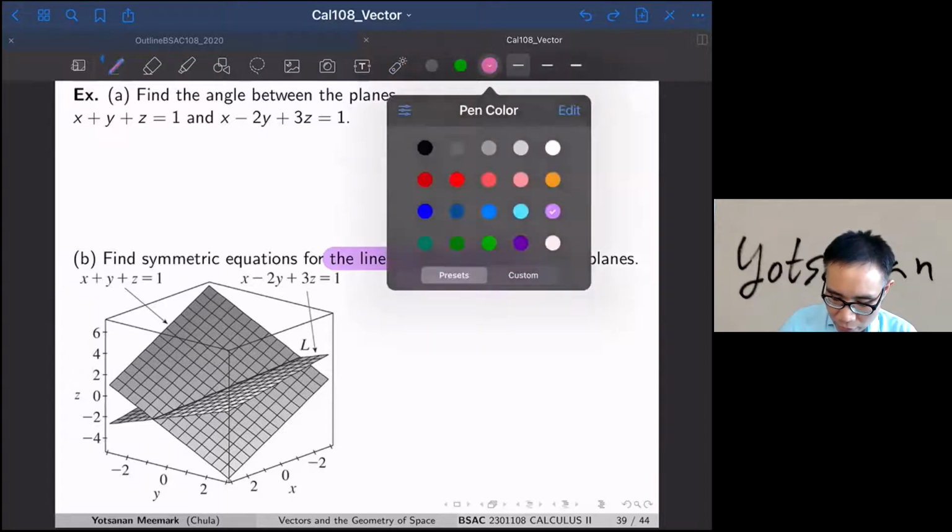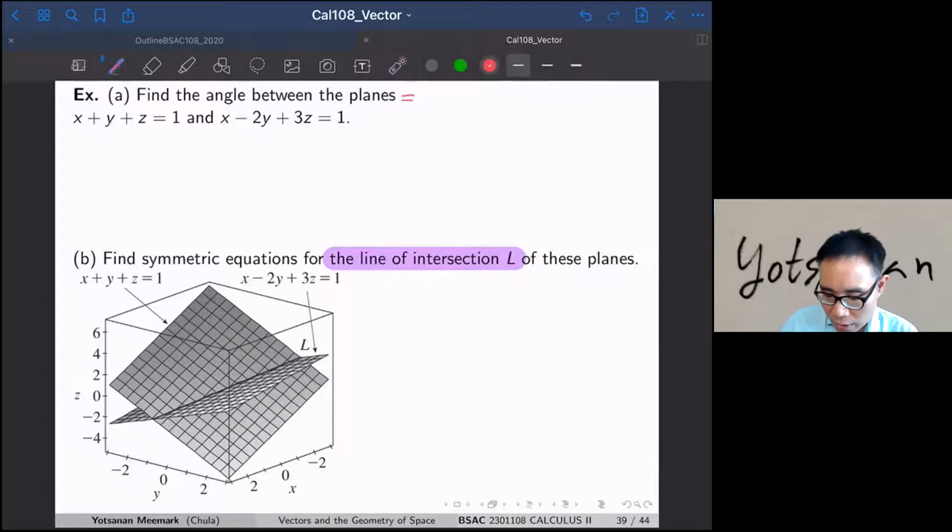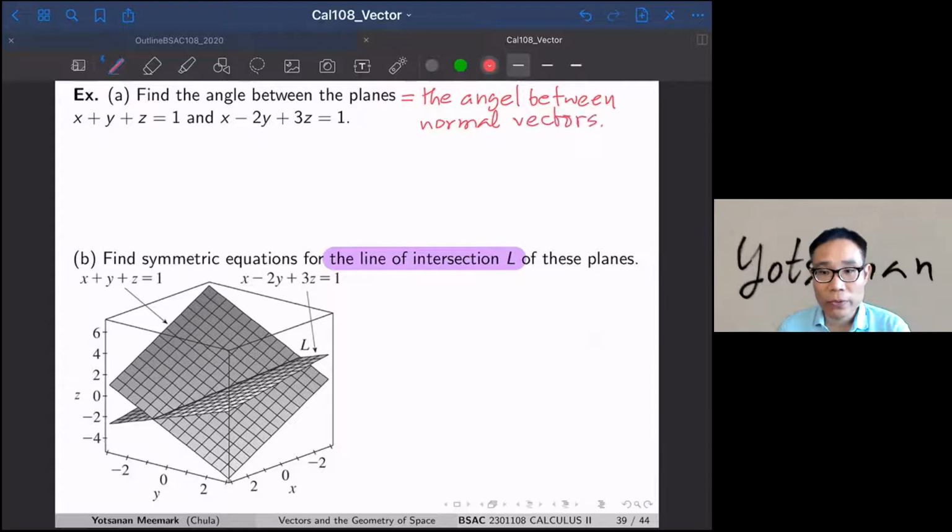The interpretation turns out to be just the angle between the normal vectors of these two planes. So you need the normal vectors.